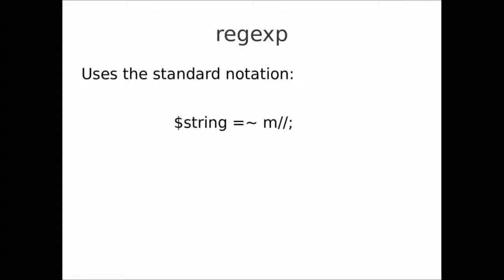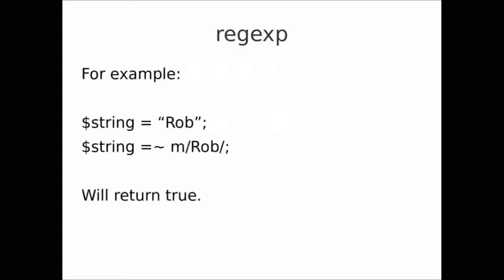The way that we do this, for example, is if we have a string with ROB, and we say, does this string match the characters ROB? In this case, it'll return true. A very trivial case, that string has those characters, there's a match, we return true.